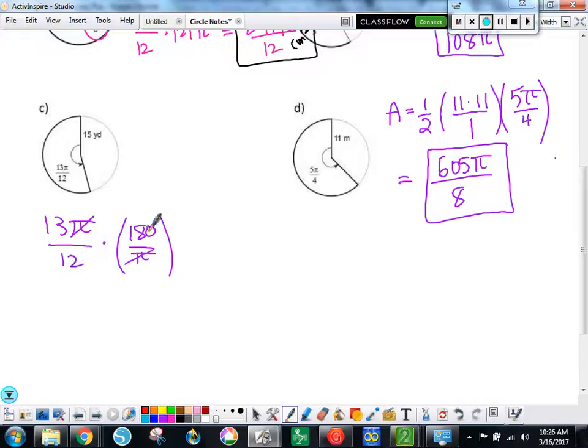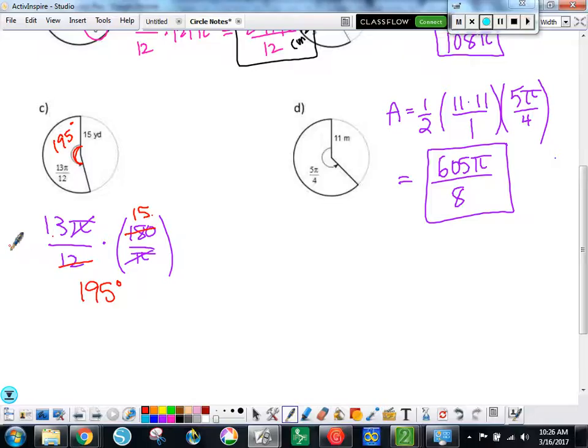Is it 12 divided by 20 times 15? This becomes a 15, and 13 times 15 is what? So this central angle right here is 195 degrees.